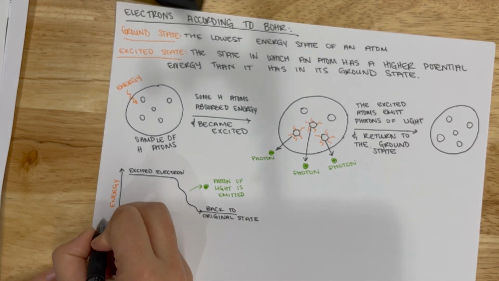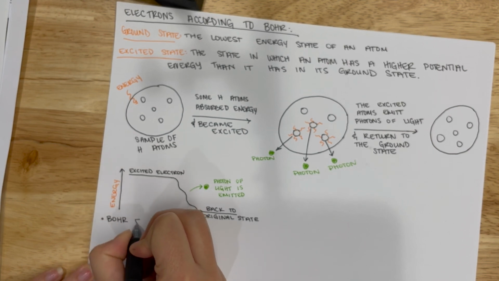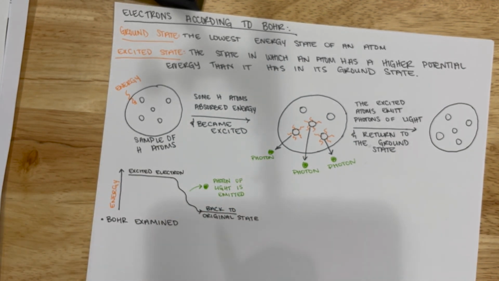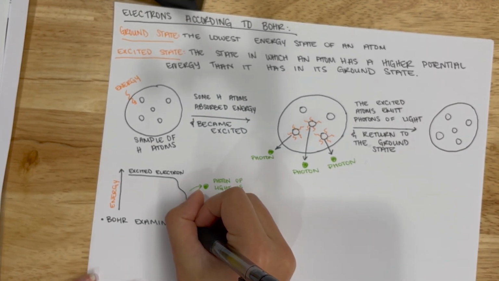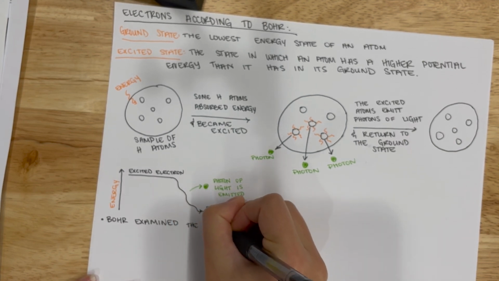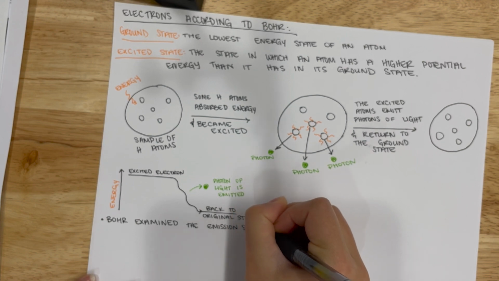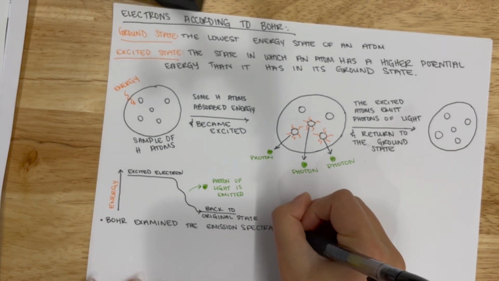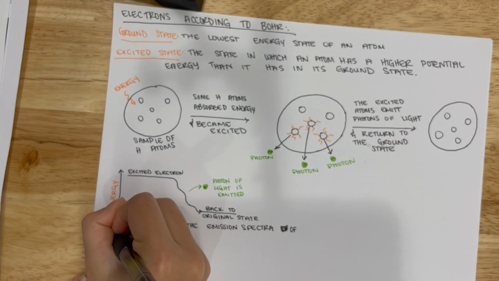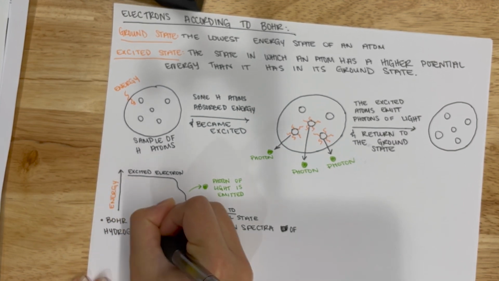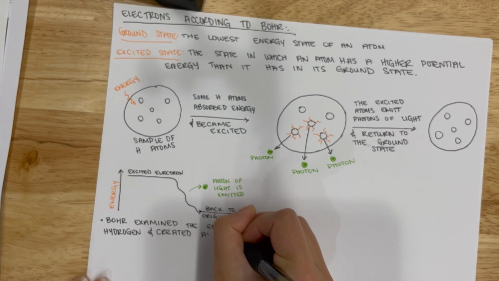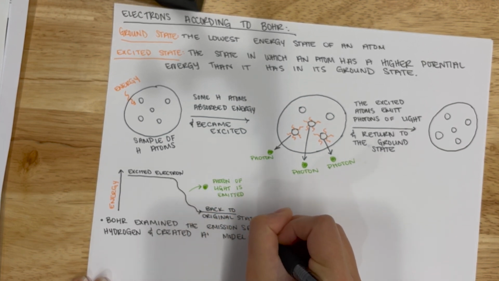So Bohr examined this type of, we call this an emission spectra, right, of hydrogen, and he created his model based on that.